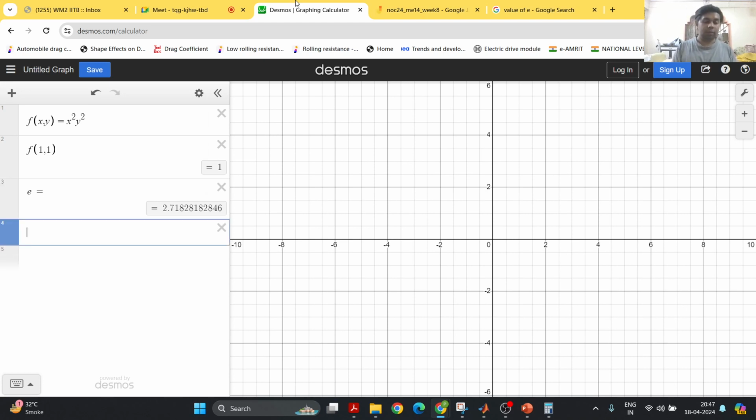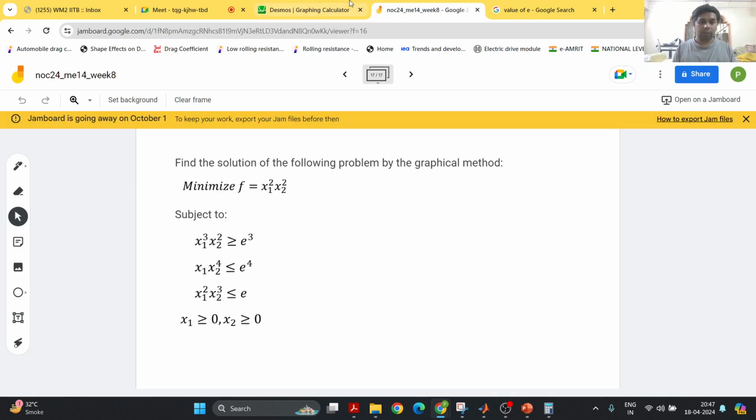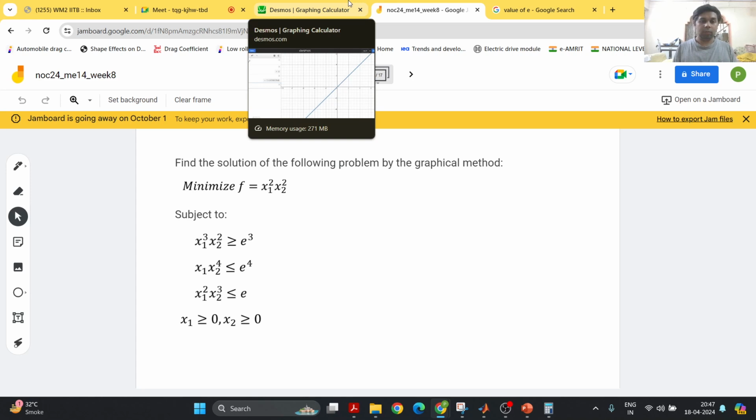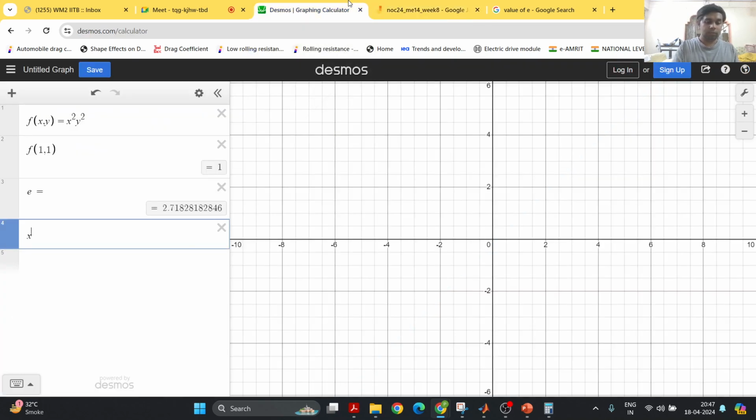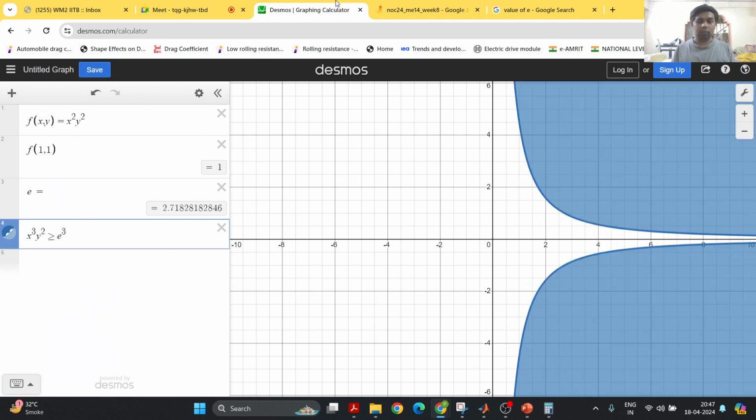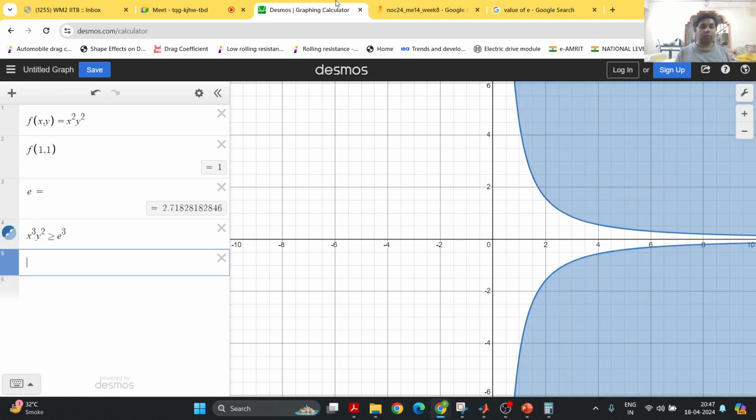Oh, okay, fine, it is taken. Yeah, so it has already plotted the two curves. It's indeed very easy.